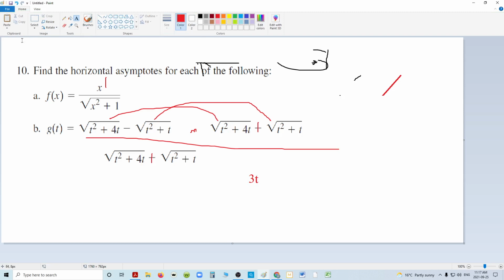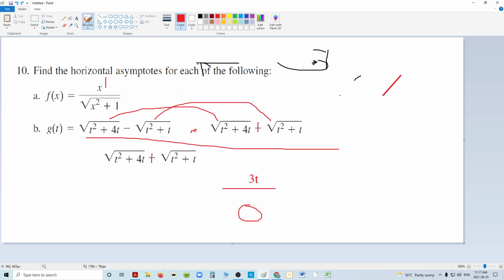That doesn't necessarily help me. The power is bigger up top. The power is bigger up here. So I believe what it means is there's going to be a horizontal or diagonal asymptote. I don't believe there's going to be, because the power up here and the power up here is roughly the same. Those are damn good questions.